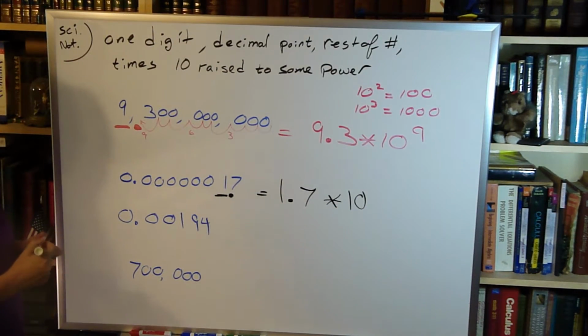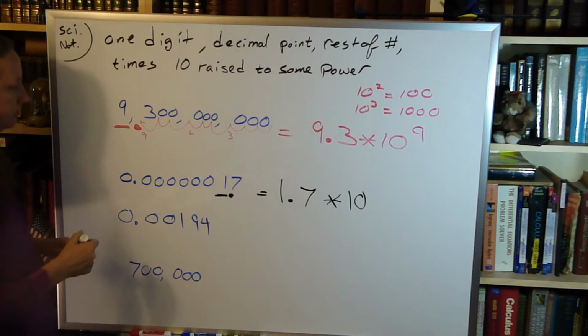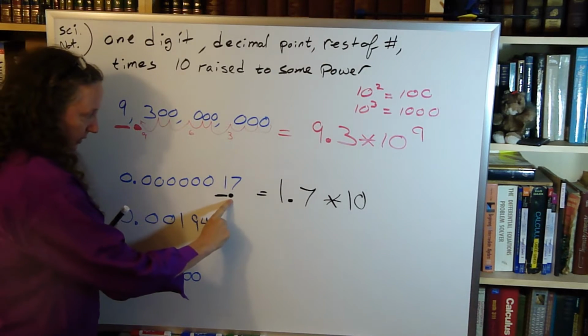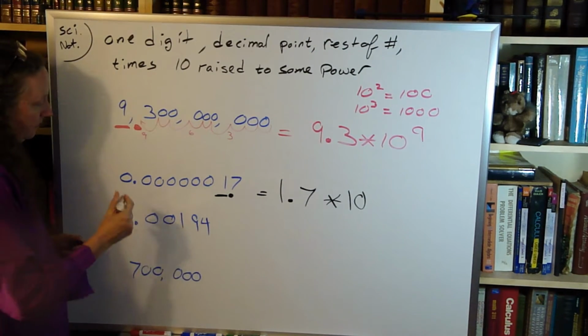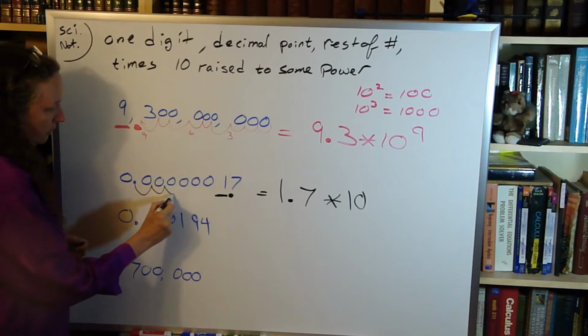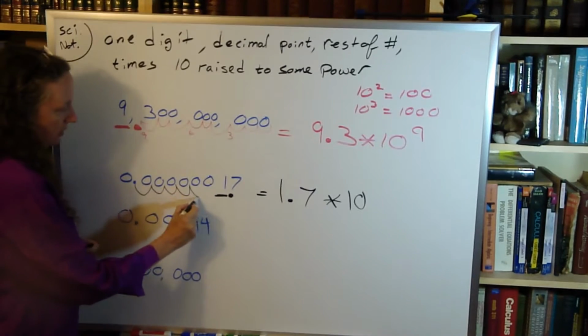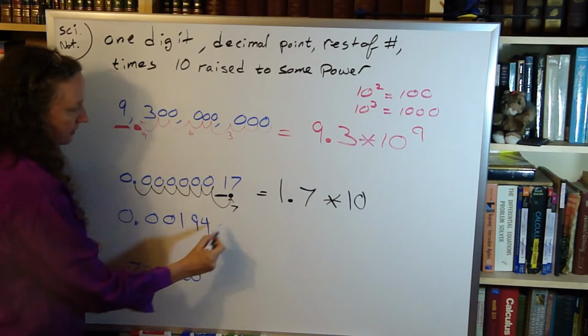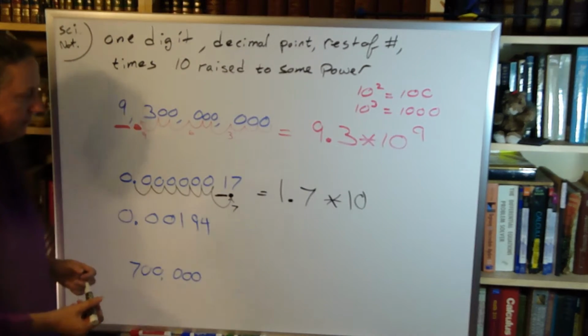Now I need to figure out what that power is. How many places do I move this decimal to get over to here? So I take my decimal, count 1, 2, 3, 4, 5, 6, 7. 7 places.